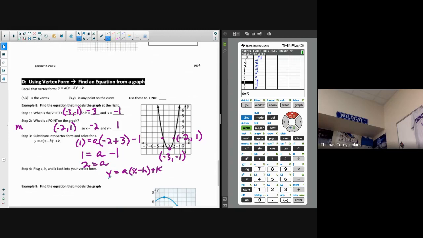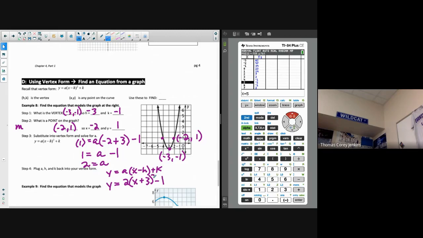So now when we sub our values back in, we would have y equals a, which is 2, times the quantity x minus -3, so x plus 3. Remember, h was -3, and then plus k plus -1, so minus 1.